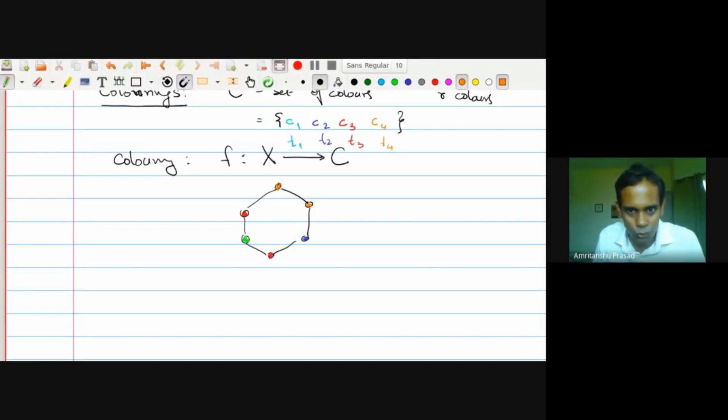So these are the 4 variables associated to these 4 colors, and I can talk about the weight of a coloring. So the weight of f is just defined to be t1, maybe I'll write it like this.